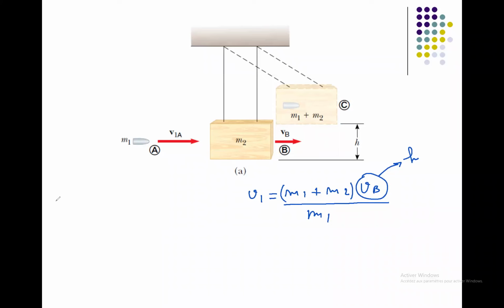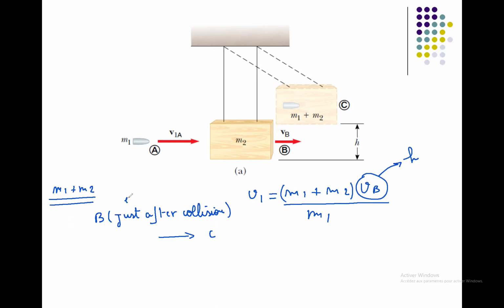We take the system m1 plus m2, and you have to specify the system, between the point P just after the collision and the point C, the maximum position where we have h.